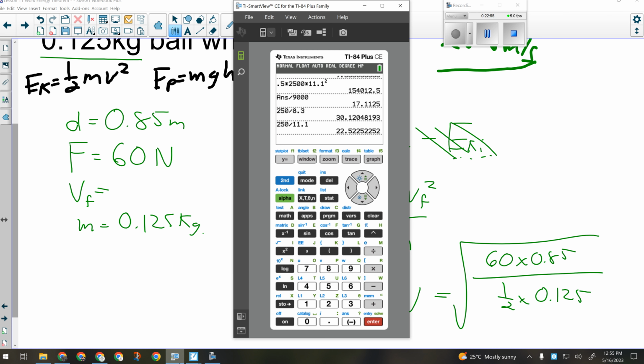Now, my recommendation here when you start getting to a formula that looks like this by the time you're done, don't try and enter it all in one step. You'll inevitably make a mistake somewhere and then get the wrong answer. So what I do is I just do it piece by piece. 60 times 0.85. All right, I'm going to divide that number by half of this number. And then I'm going to square root that number.